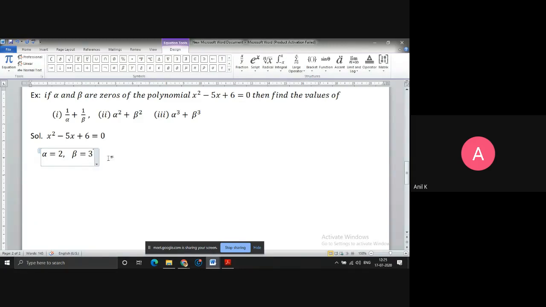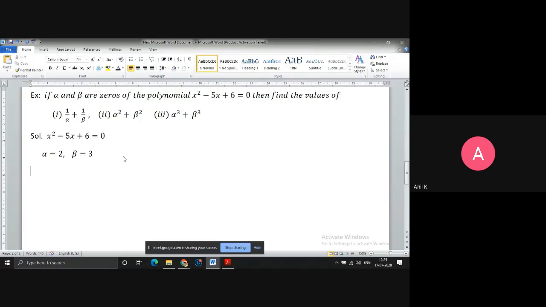Okay, so what you can do here is, first question I will substitute. You got alpha value is 2 and beta value is 3. So just I have to substitute here. So let me take this equation. Alpha value is 2, it is going to be 1 upon 2 plus beta value is 3, so it is going to be 1 upon 3.